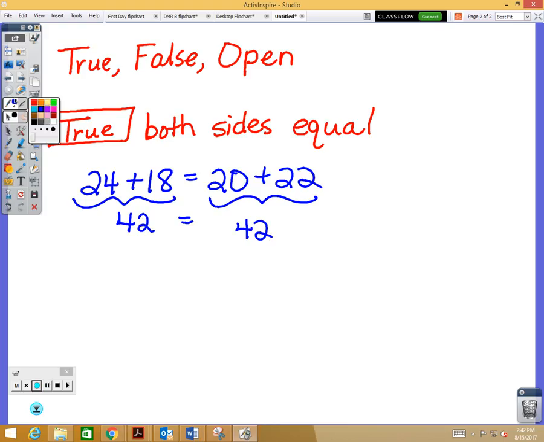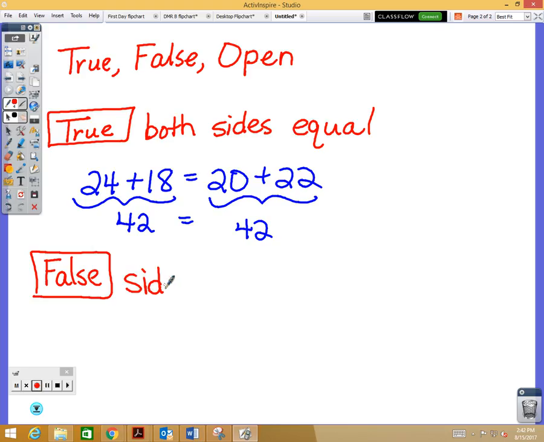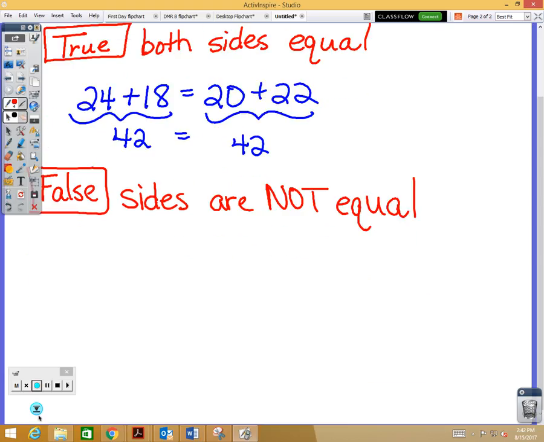Now, for an equation to be considered false, the sides are not equal. I mean, true and false are opposites of each other, right? Again, false, the sides are not equal.